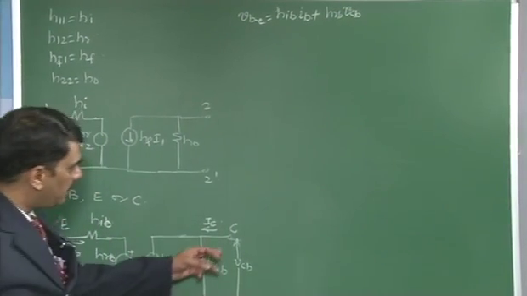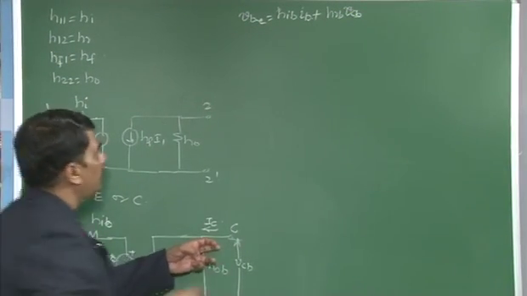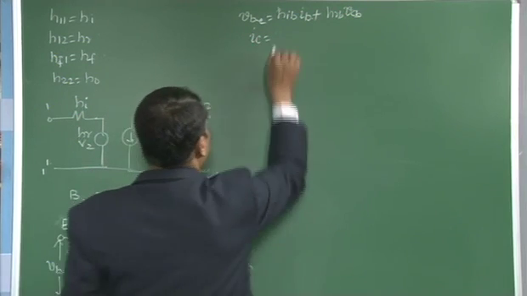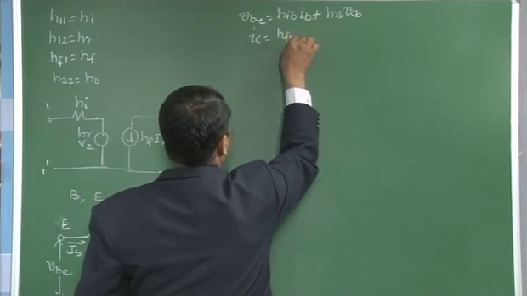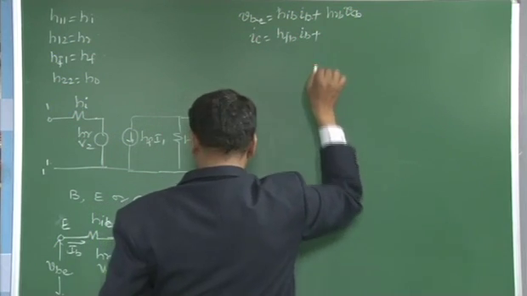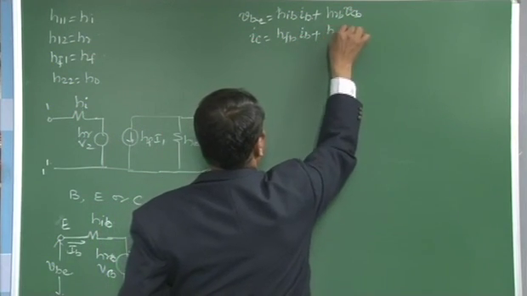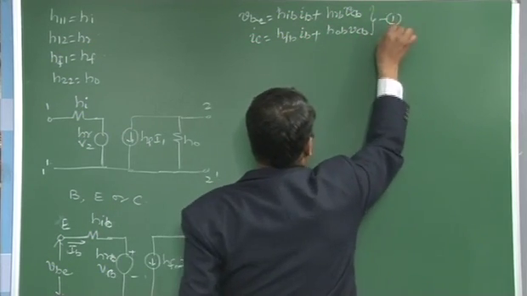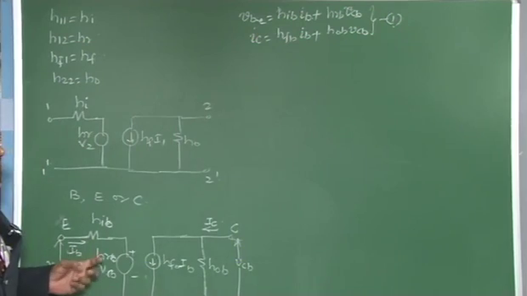Similarly, applying KCL at the output node, the collector current IC is given by hfb IB plus hob into VCB. This is one set of equations for the common base configuration.